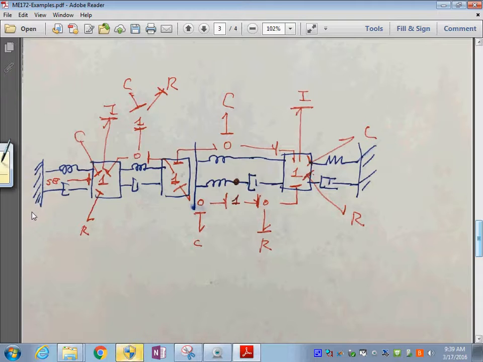And then we have the I over here too. Okay, so then we have this situation where on this side we put the I, the C and the R element over here.